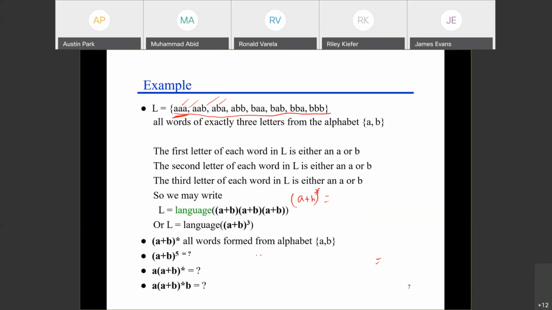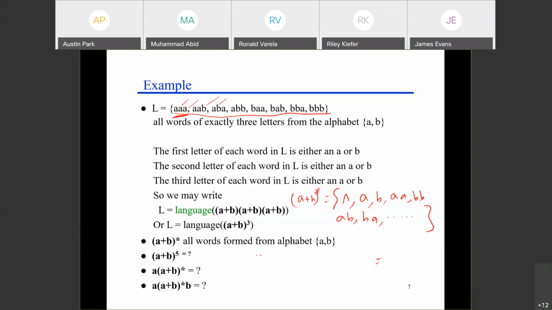You might have lambda, you might have only A, you might have only B, you might have a 2 letter word, only 2 B's, you might have A B there, you might have B A there, and so on. Infinity. So this is a universal set. You can have any word there, it does not matter.